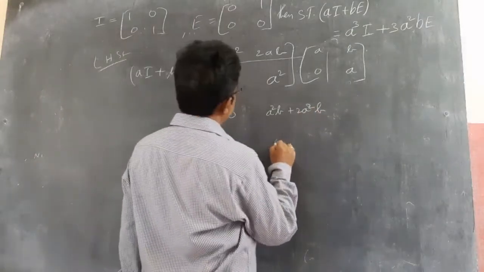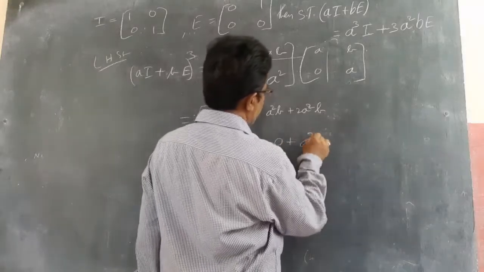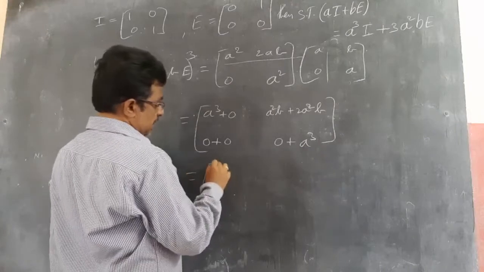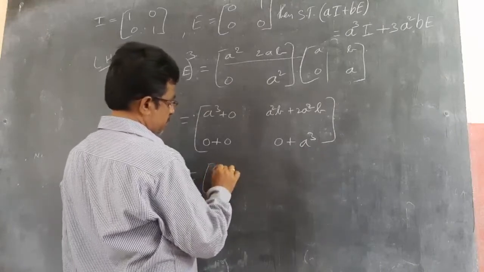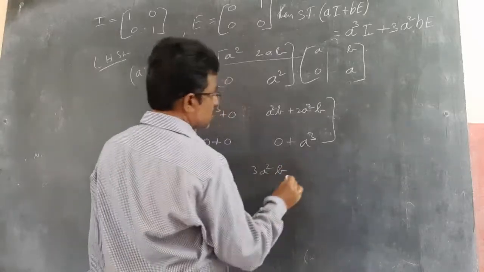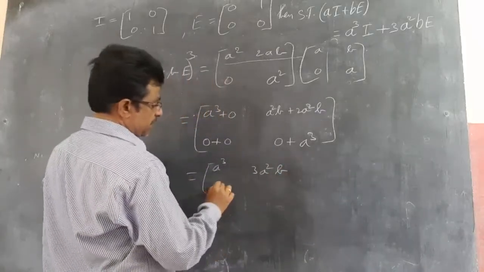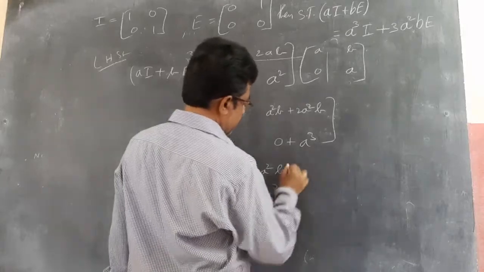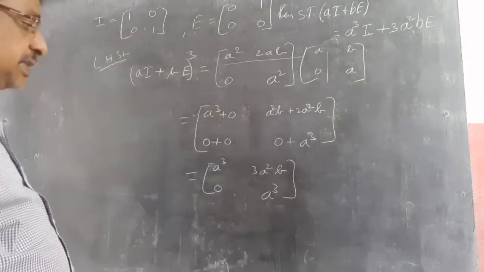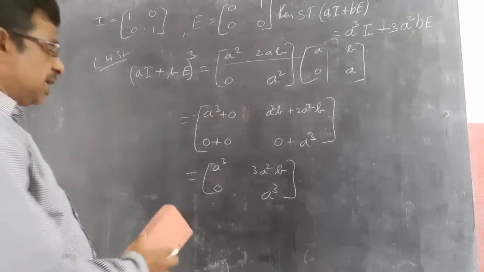Next, 0 into b, 0, plus a square into a, a cube. So the final result is [a cube, 3a square b; 0, a cube]. This is what the LHS is.